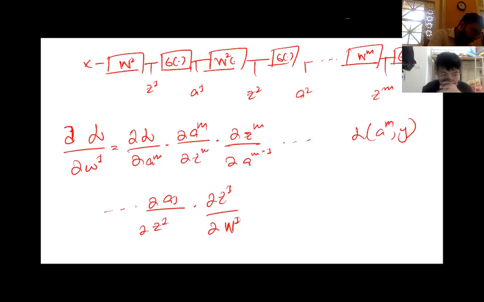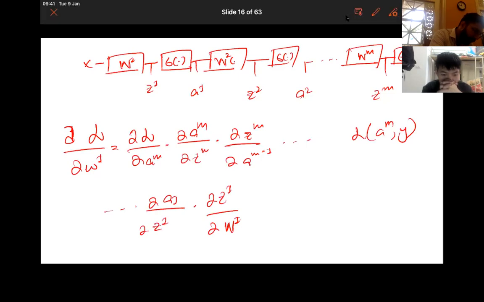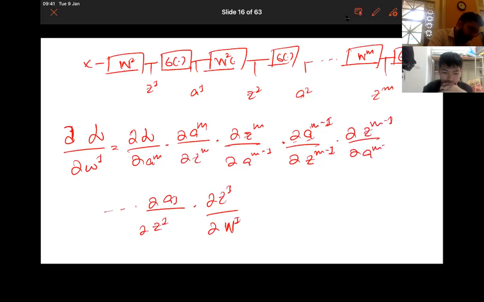Let me write a few more terms here because I think it would make things clearer. The partial derivative of Am minus 1 with respect to Zm minus 1, times the partial derivative of Zm minus 1 with respect to Am minus 2, the partial derivative of Am minus 2 with respect to Zm minus 2, and so on, right? Does everyone understand this chain rule expression that I wrote?